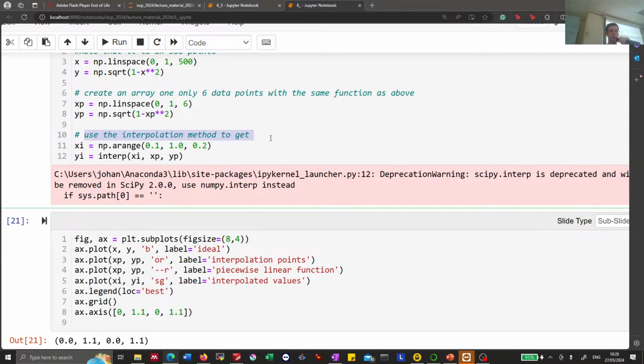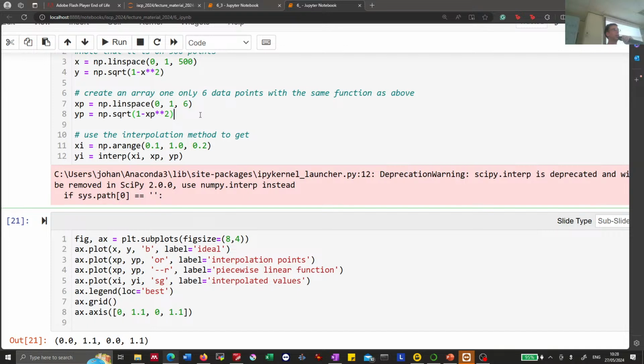So let's see. We define an x array with NumPy arange, and we have an interp data where we give the actual array where we want to have the data, and our determined values are defined here in lines 7 and 8.